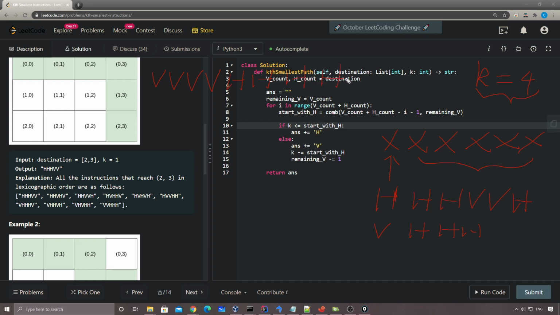Because that's the biggest number. So how would this work here? That means k will always be greater than the count starting with H here. So we'll always go to the else branch, and we try to decrease the k by this, but again the k is still bigger than this, so we have to put a V here.